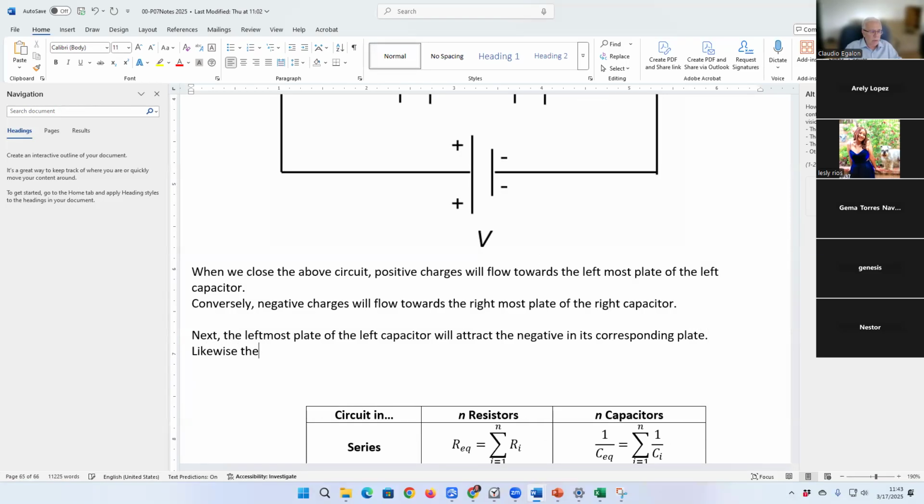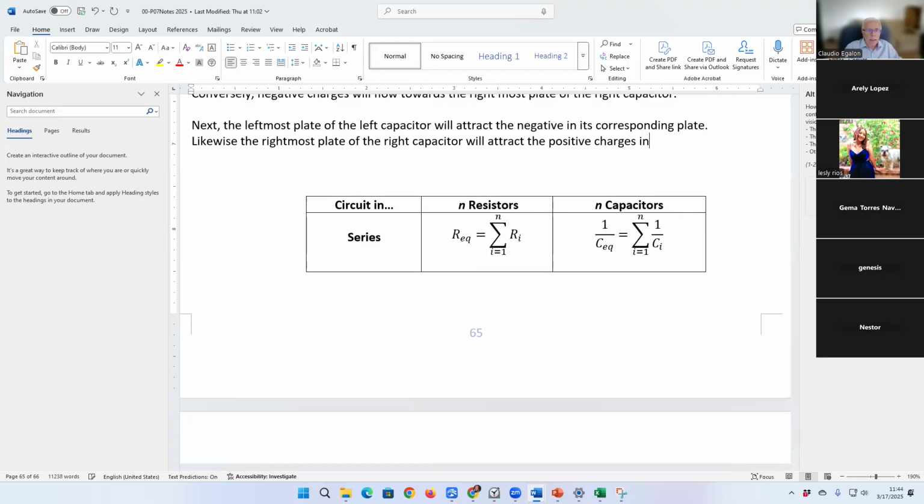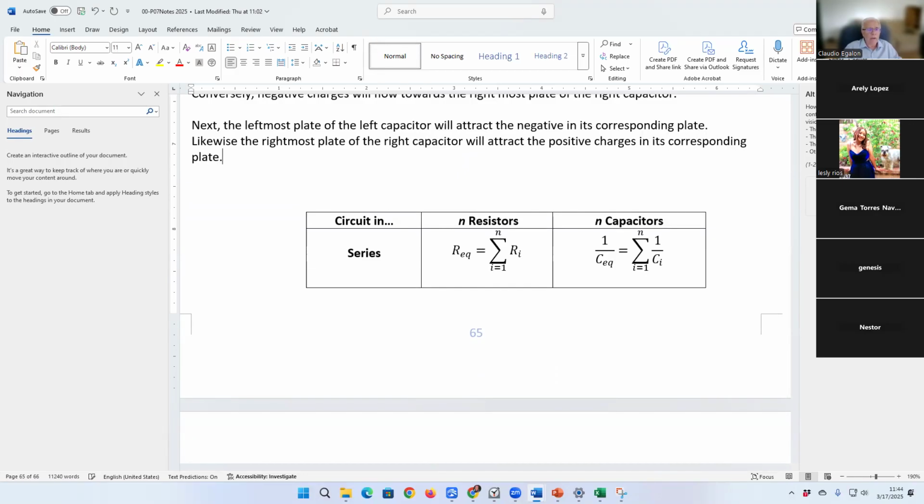Likewise, the rightmost plate of the right capacitor will attract the positive charges in its corresponding plate.